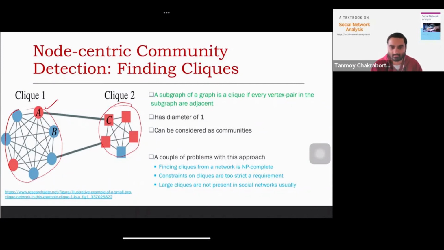It is difficult, and the second problem is that clique is a very restrictive way of defining a community, because in a social network it is very unlikely that within a community all the nodes are connected to each other. So in social networks or any other type of network, a group looking like a clique may not exist at all. Therefore we need a relaxed definition of a clique.